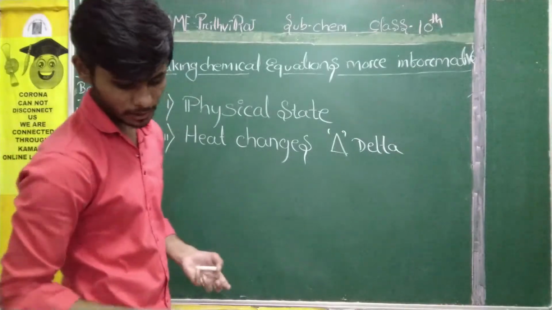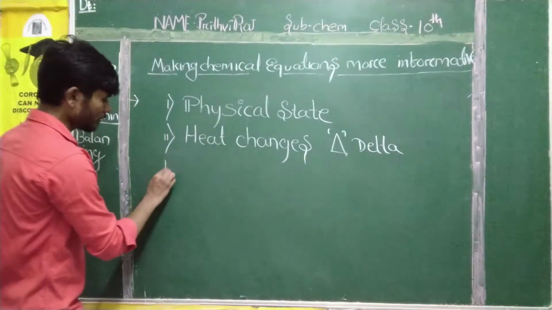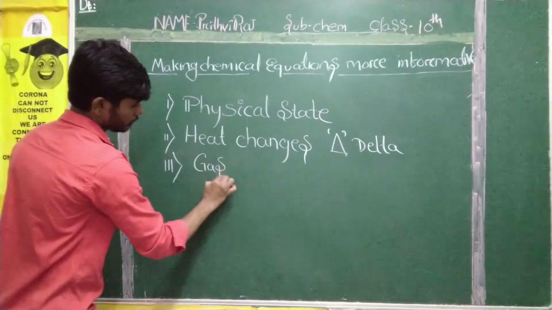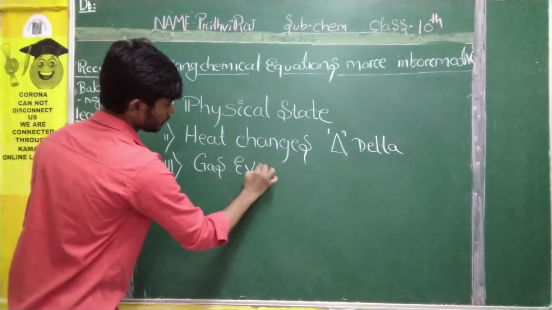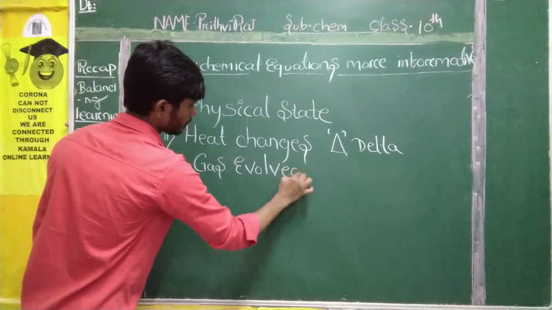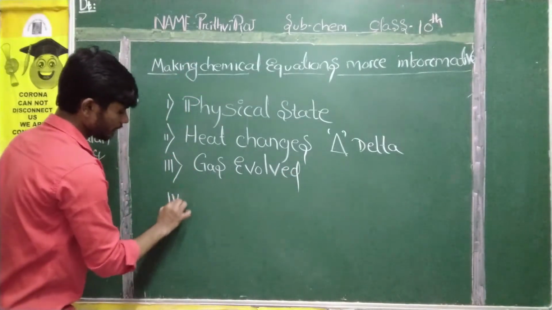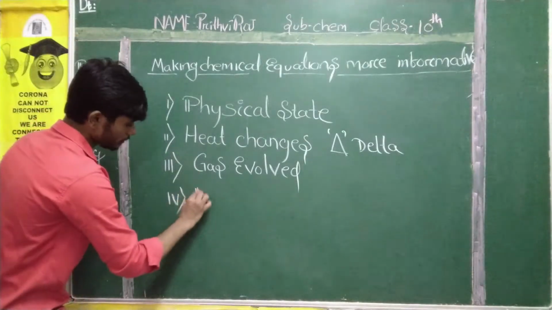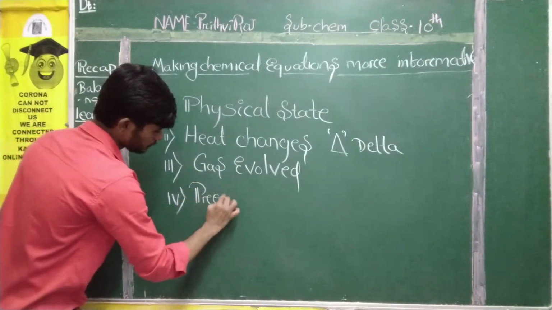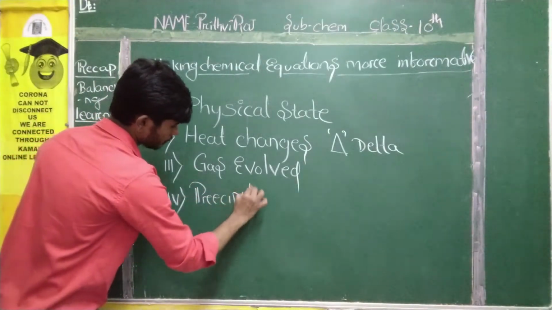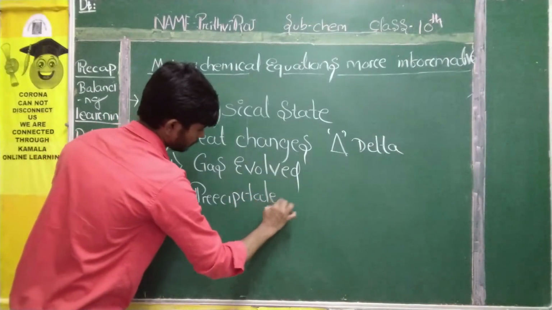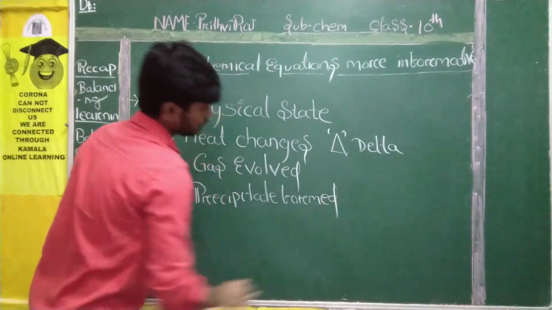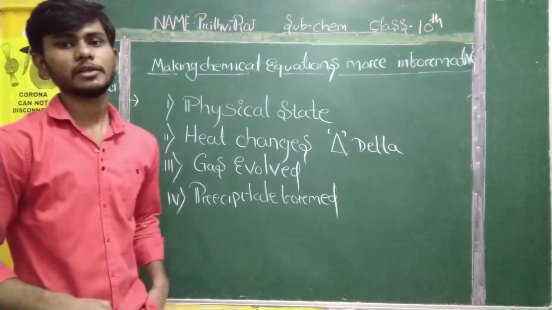Then what is our third one? Gas evolved. And the fourth point is precipitate formation.